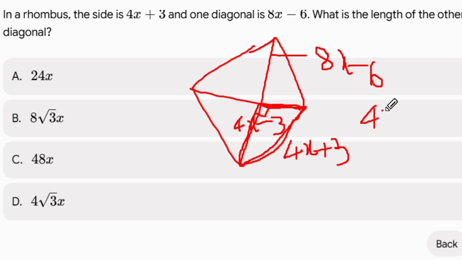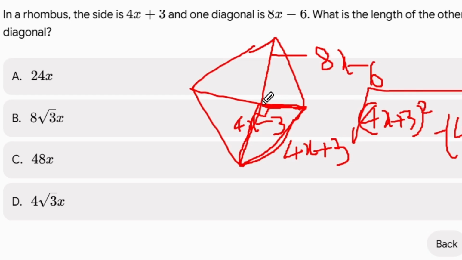4x plus 3 whole square minus 4x minus 3 whole square, root of. This is the length of this part, half part of another diagonal.